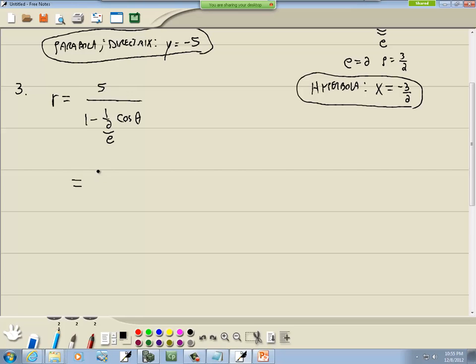So I want to rewrite it as e, which is 1/2, times something. This bottom part's okay. So e, and this will be p once we're done. I'm trying to figure out, what do I multiply times 1/2 that'd give me 5. And I can do that over here on the side. What times 1/2, I'll say p, gives you 5. Well, if I multiply both sides by 2, we get p is equal to 10. And 1/2 times 10 does give us 5. So e is equal to 1/2, and p is equal to 10.